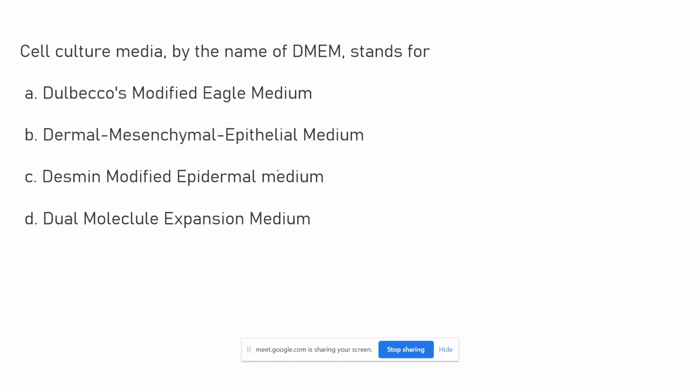So the next question is, cell culture media by the name of DMEM stands for. So this DMEM stands for Dulbecco's modified Eagle medium. It is an enriched medium which has bicarbonate ions for a pH buffering system, and it does not contain FBS or the fetal bovine serum.